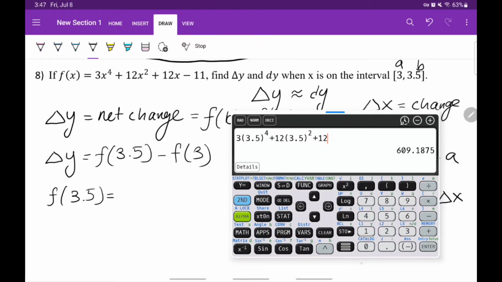Plus 12 times 3.5, close the parentheses. Let's just delete this and write this again. And then that's going to be minus 11. And that is our value: 628.1875.